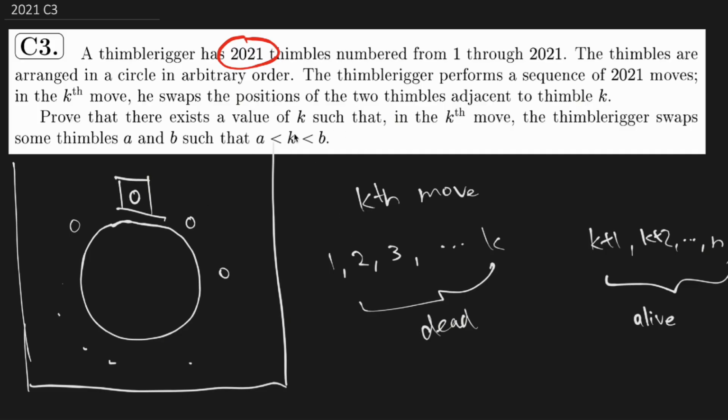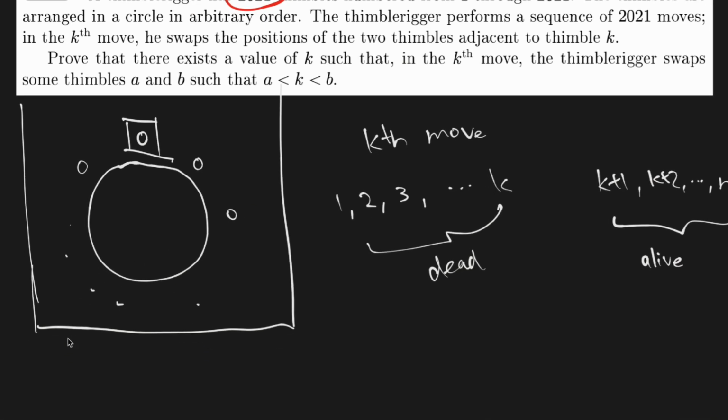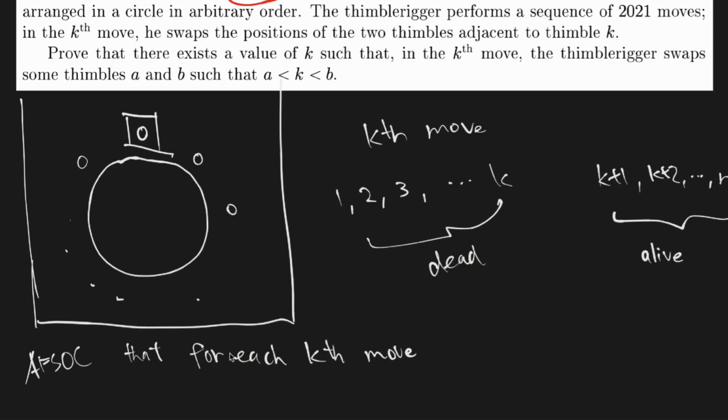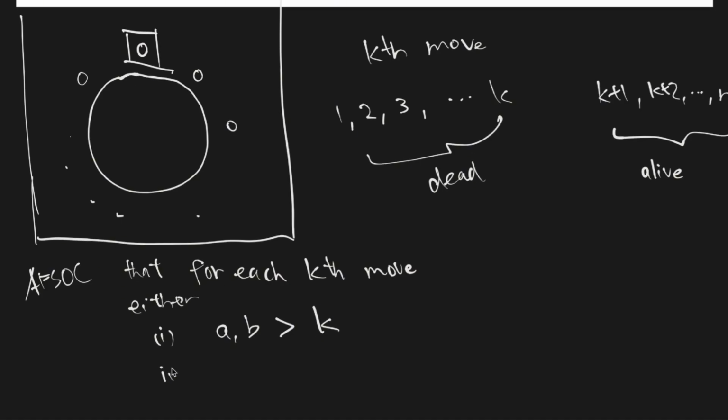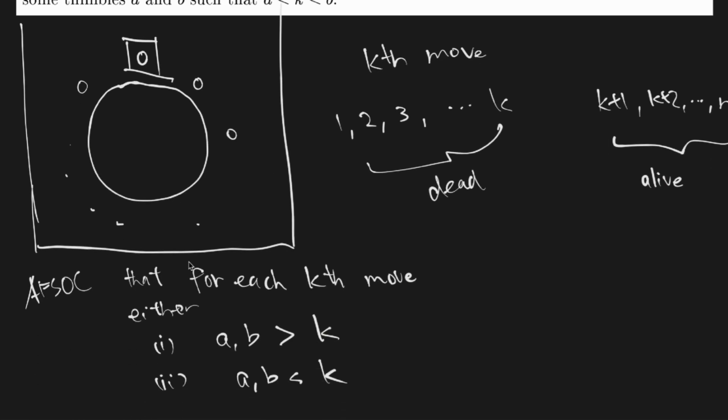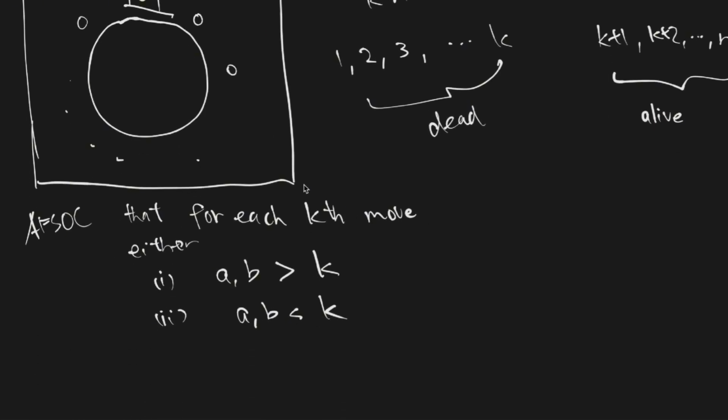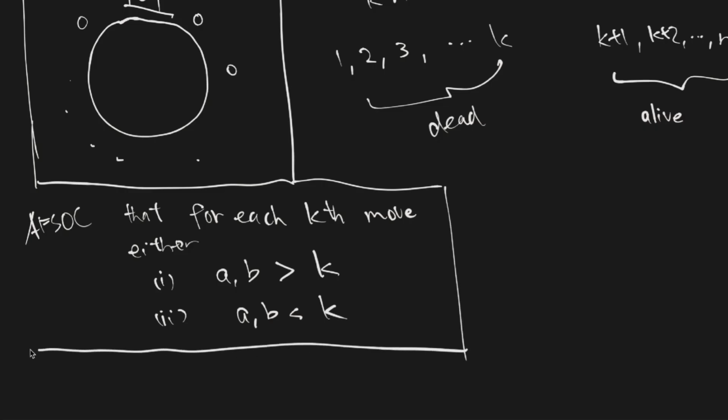And by the way, in order to prove this, the strategy we're going to adopt is we will assume for the sake of contradiction that for each move, for each kth move, either both A and B are greater than K, or both A and B are less than K. So this is the exact opposite of what we're trying to do. So we assume this, and we will hopefully derive a contradiction which proves our claim.